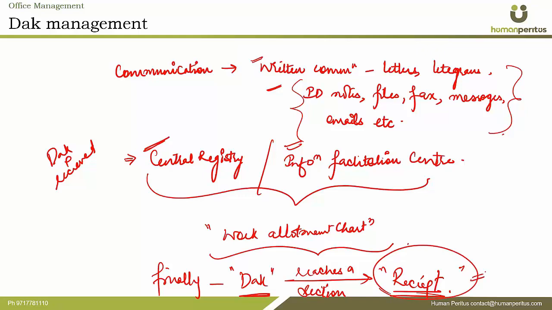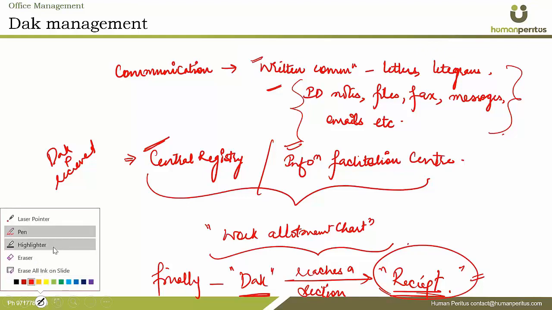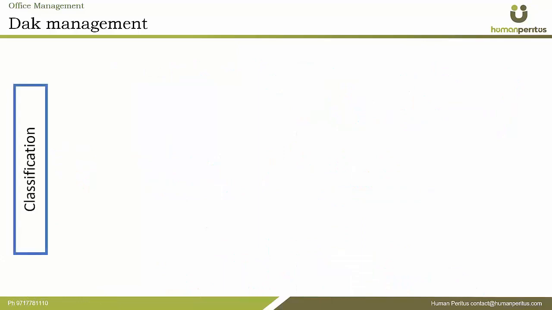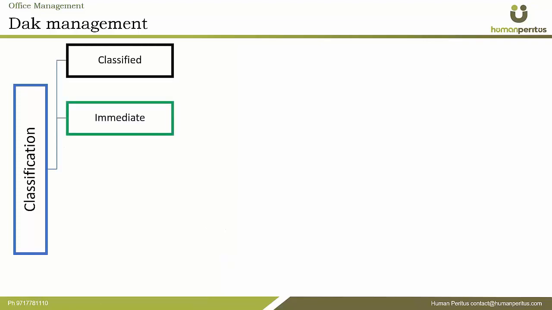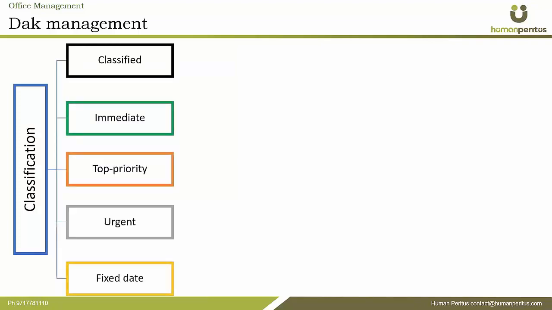All right. Now let us understand the classification of dak. Dak can be classified or categorized as classified dak, immediate dak, top priority dak, urgent, fixed date, etc. These are certain kinds of dak. Various other kinds we will be discussing in further slides.